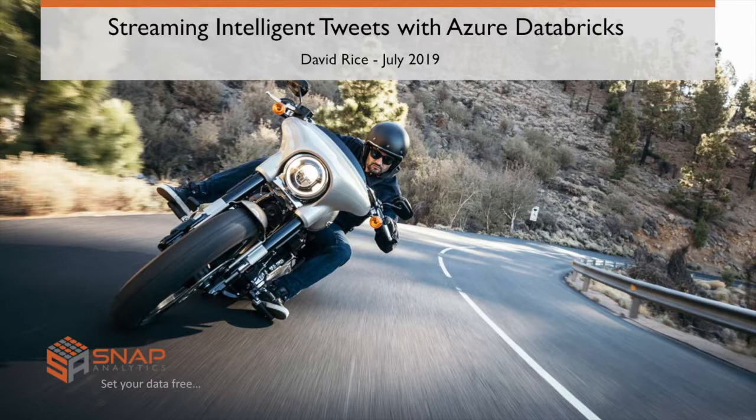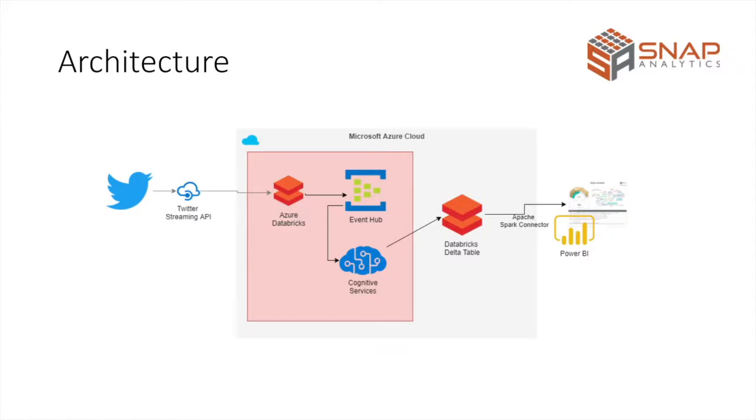So we've extracted the keywords from those tweets as well, and we've called the Microsoft Cognitive Services to be able to do that. There are other ways of doing it, but we wanted to test out this architecture using Cognitive Services, using the Azure Event Hubs, and using Azure Databricks.